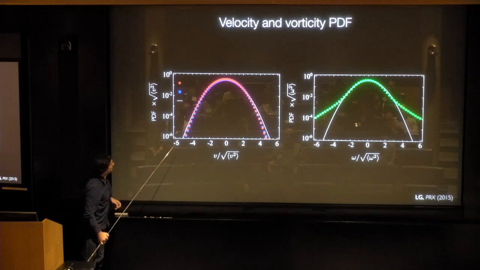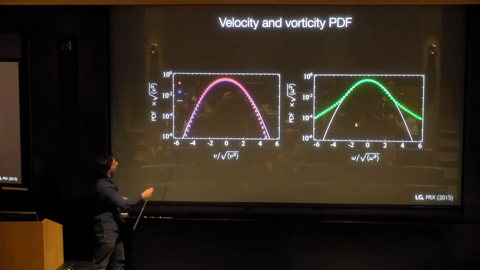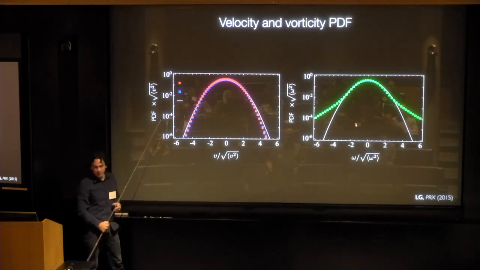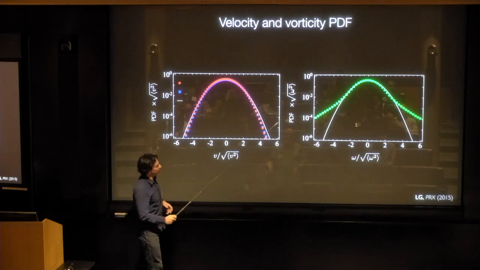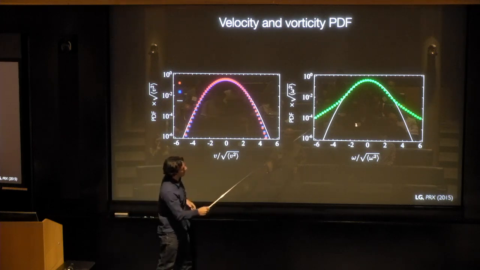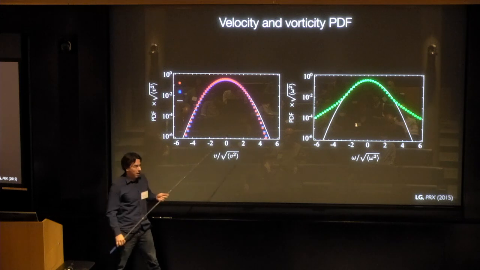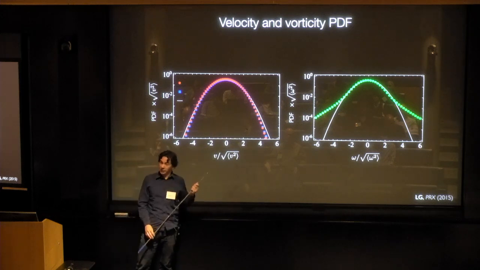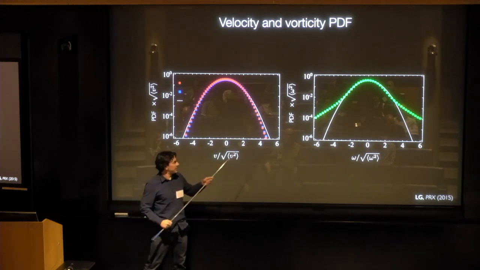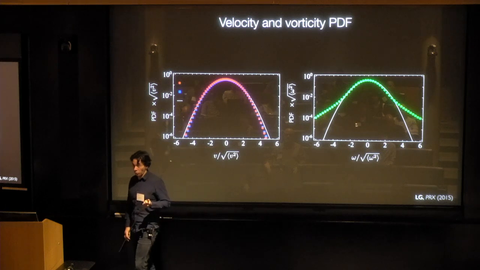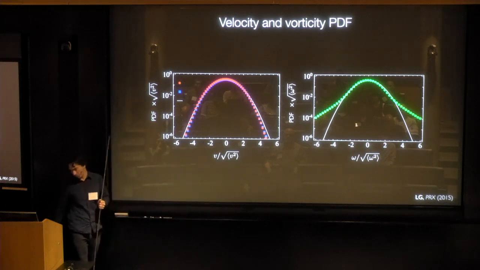And as you can see, the velocity field is very much a Gaussian, whereas the vorticity field has these prominent non-Gaussian tails. And this is one of the reasons why I think turbulence is not a bad name for this type of system, because I believe that this is exactly what you see in two-dimensional inertial turbulence.